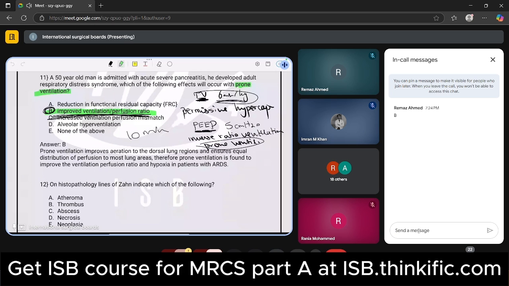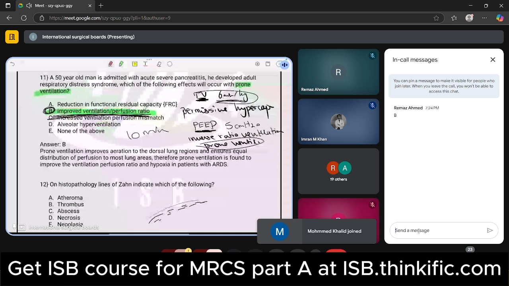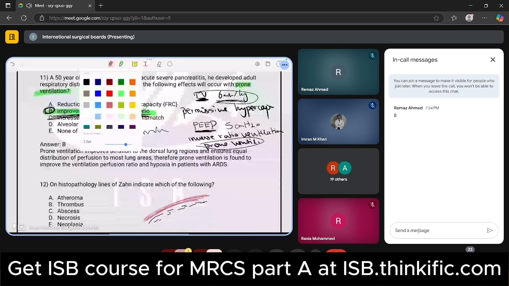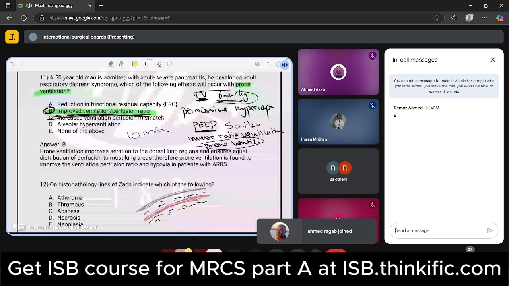Now, because there is flow, there will be a layered deposition of platelets, and then another layer comes, which is formed of fibrin, and then another layer of cells, and then another layer of fibrin. This layered structure that you see, these are lines of Zahn. So lines of Zahn are seen in a thrombus.